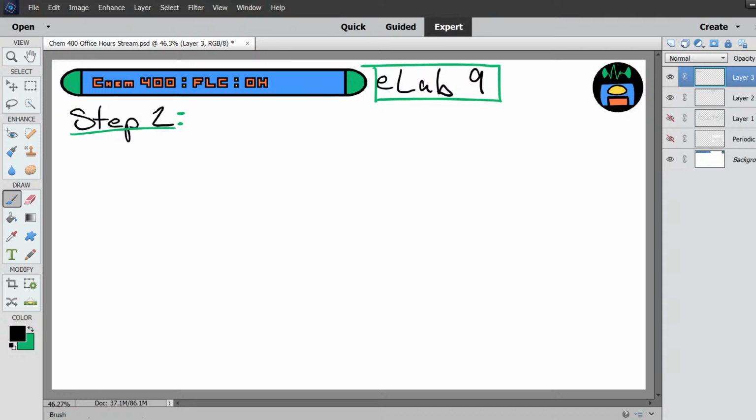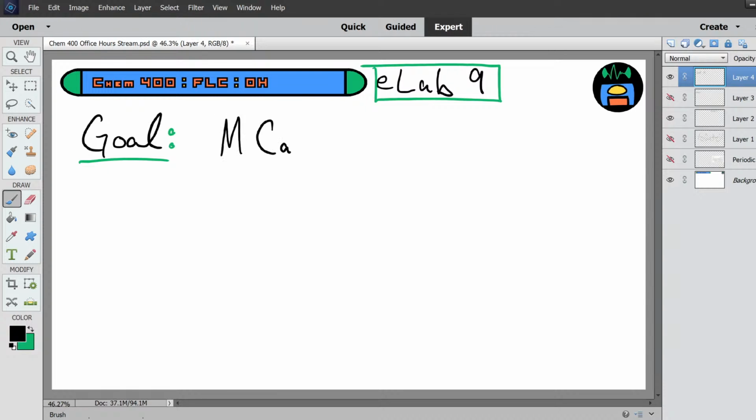Before we dive into actually crunching the numbers, Lauren, let's take a minute to talk about what we are calculating in step 2. So actually, before we talk about step 2, the overall goal of this lab is we want to know the molarity of calcium ions and the molarity of magnesium ions in a sample of hard water.